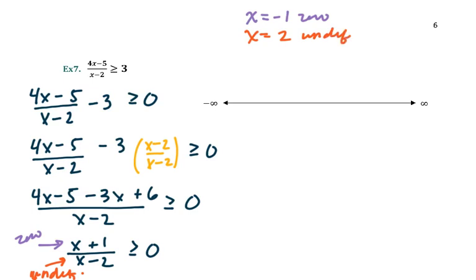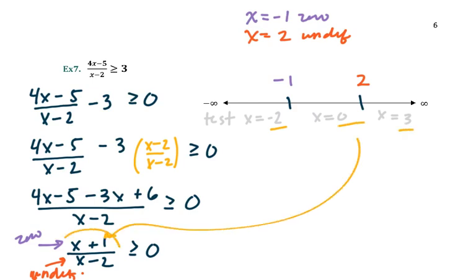Marking both of those on my number line, -1 and +2, I can choose a test value now on each interval. And I might test x equals -2, x equals 0, and x equals 3.